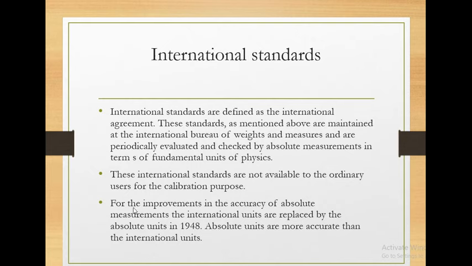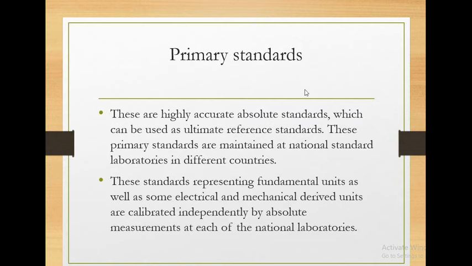What is written here is that for improvements in the accuracy of absolute measurement, the international units were replaced by the absolute units in 1948, because absolute units are more accurate than international units. Let us see the next point, primary standards.